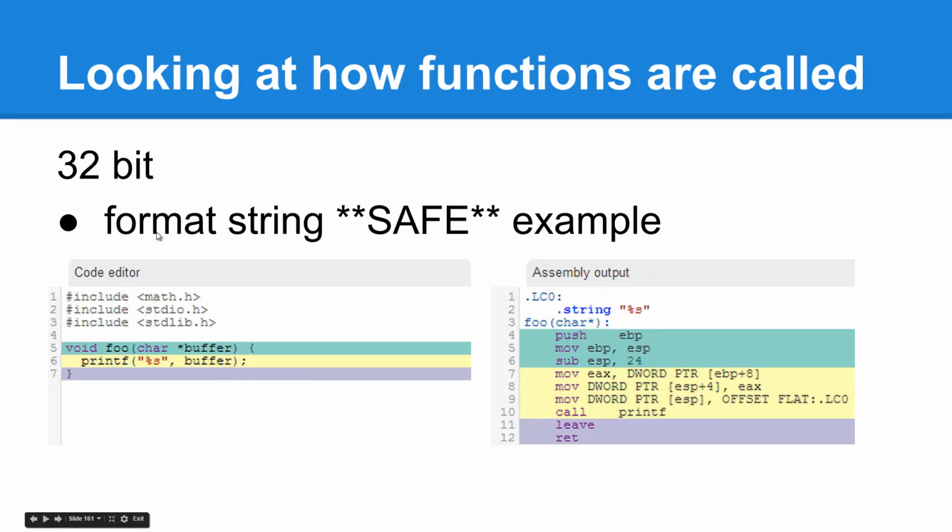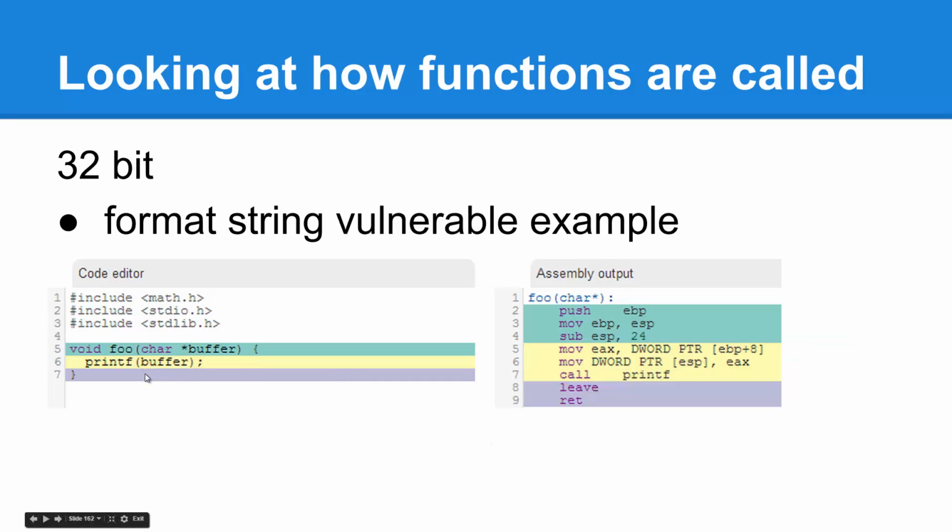Now, here's an example of a printf function done properly. There's the format string specified, and then the input to correspond to that conversion specifier. Unsafely is just taking in a destination buffer and printing it.